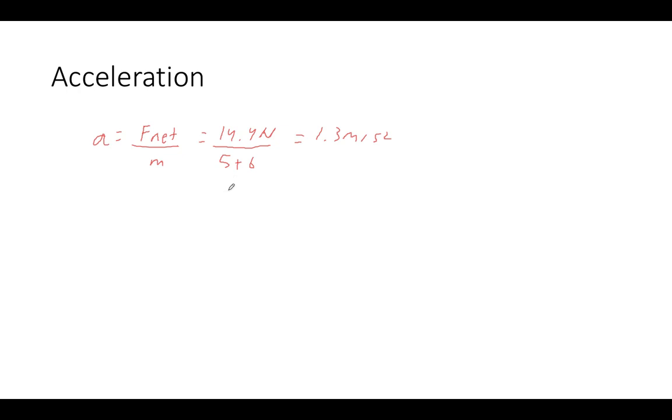And finally, we're going to calculate the tension force. So we're going to isolate M1, the 6 kilogram mass, and Fg1 plus the tension force on the 6 kilogram mass is equal to the mass itself times acceleration.